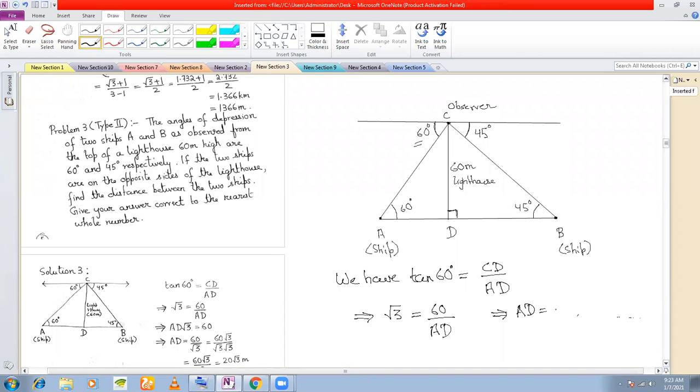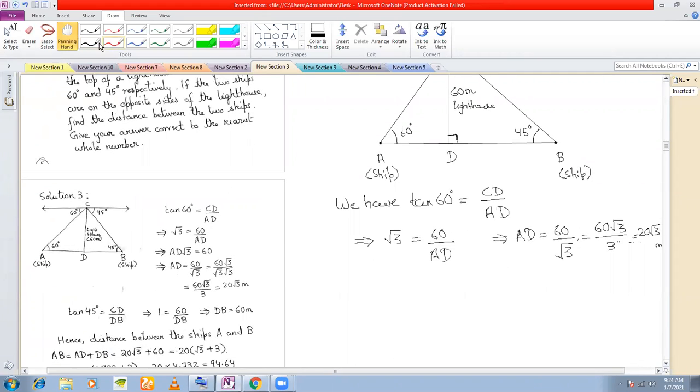So AD is 60 by root 3, which, if you rationalize the denominator by multiplying the numerator and denominator by root 3, gives simply 20 root 3 meters. Keep it as it is. We'll come back to this. So we have managed to find the distance AD.